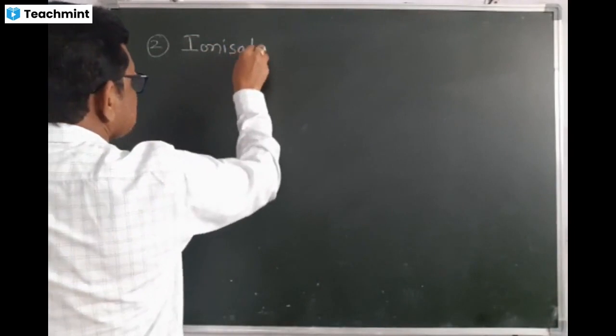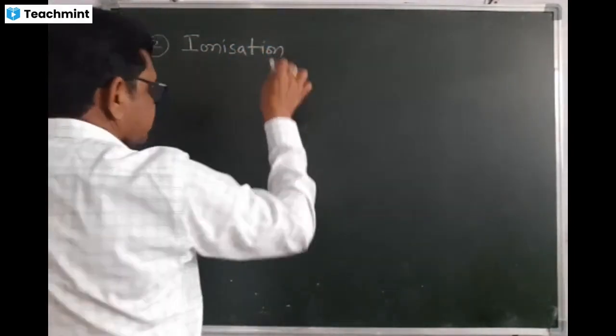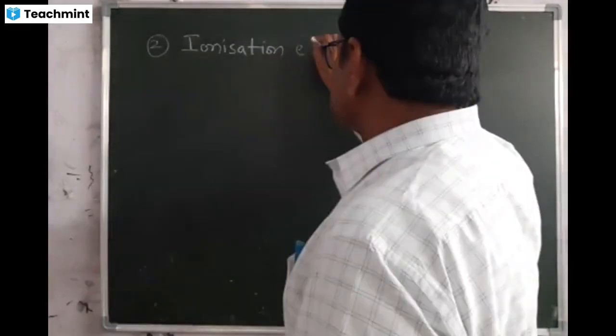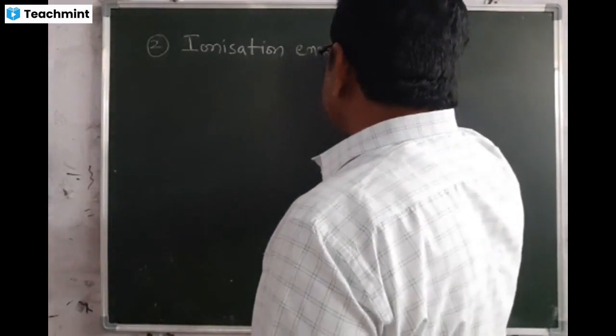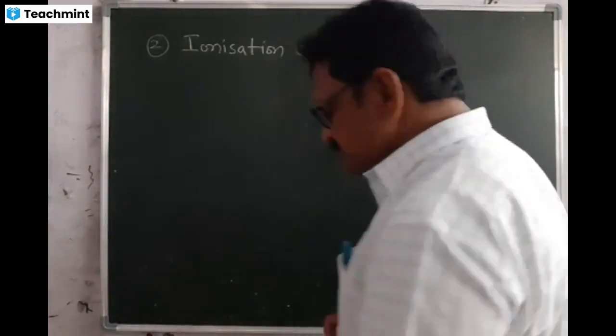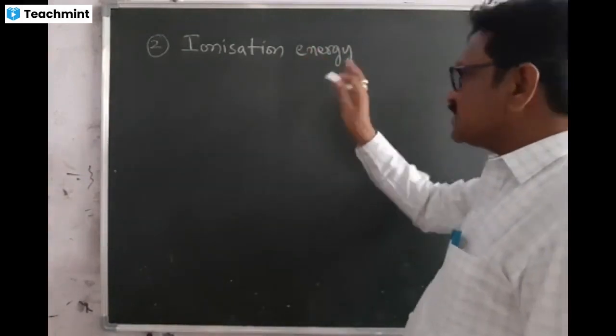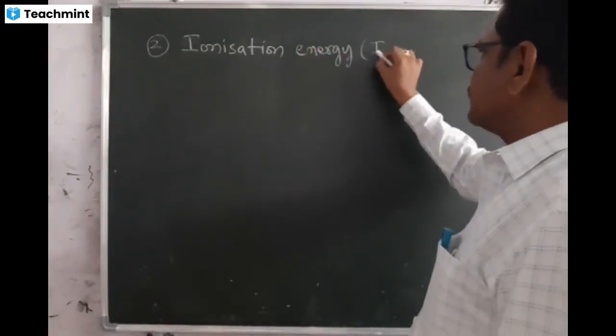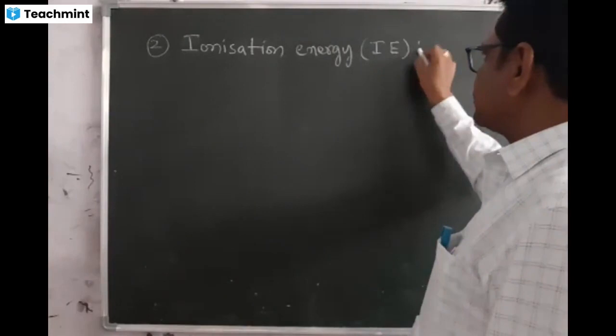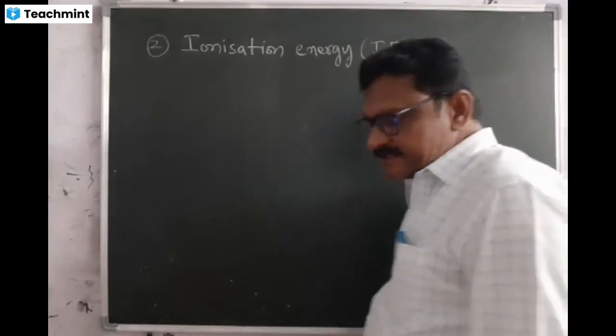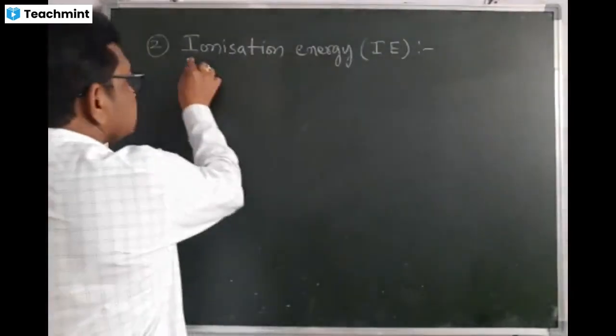Ionization energy. It is also called ionization enthalpy. Ionization enthalpy and ionization energy both are the same. It is abbreviated as IE. Ionization energy means IE.